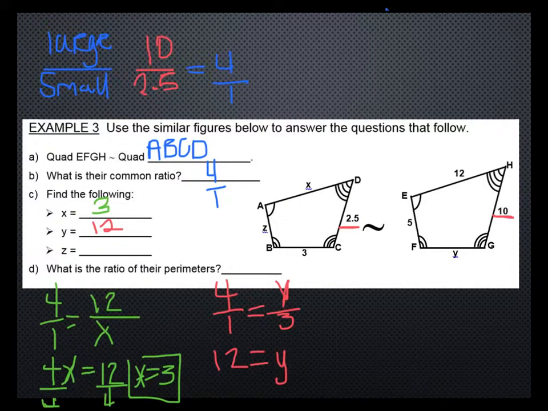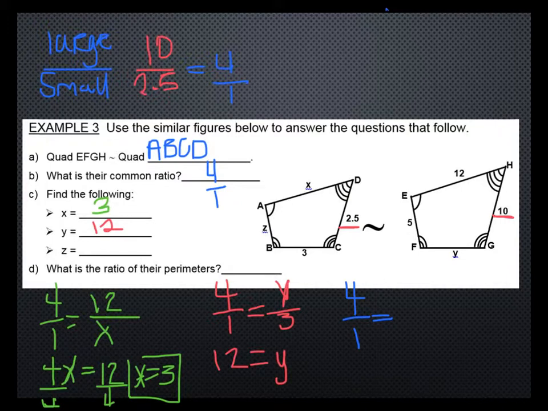Now let's find the z value. Again, start with your common ratio, 4 over 1. Now, our z is at AB. It's our small side. It corresponds to side EF.